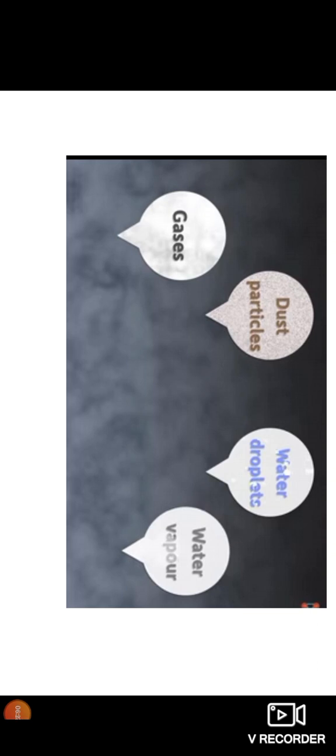You all know that nitrogen, oxygen, carbon dioxide, and some inert gases are present. Dust particles are also present in our atmosphere. There are water droplets and water vapor too. You can see the composition of gases in our atmosphere. Oxygen is 21%, 78% nitrogen, 1% carbon dioxide, and some other gases.